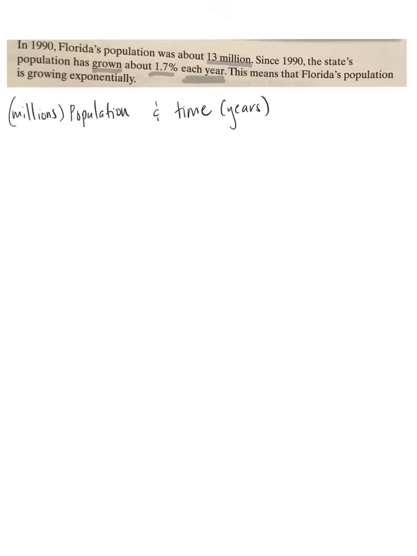All right, so I have two different variables going on here. I have population growth and I have time. Which one is my x and which one's my y? Well, remember that x is independent and y is dependent, meaning that x can be whatever you want it to be, but that determines the value of my y. So let's think about this. Is population my dependent variable? Does population determine my time?